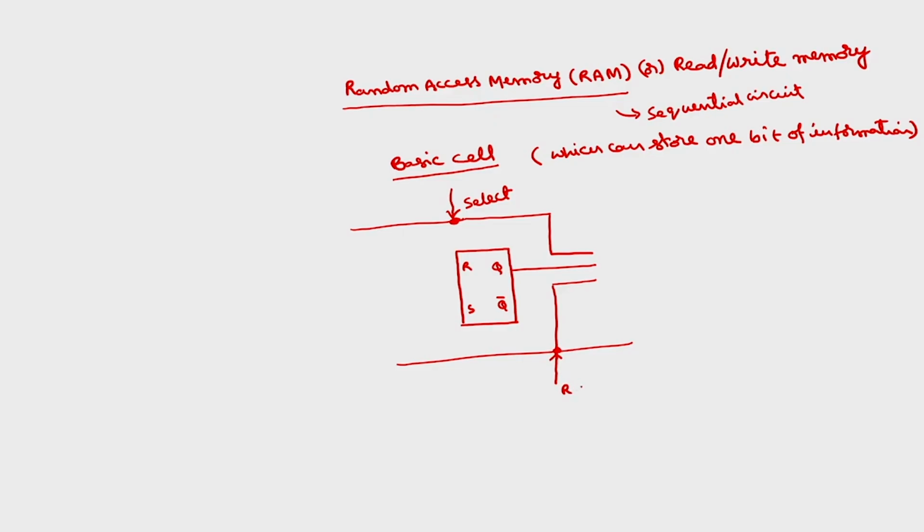This is read by write bar. You can perform either read operation or write operation. If this is 0, because write bar is complement, this is write operation. If this is equal to 1, which implies read operation.